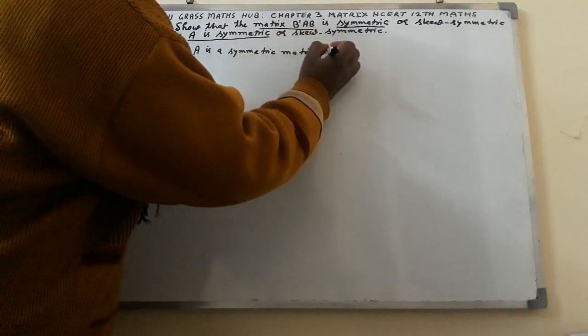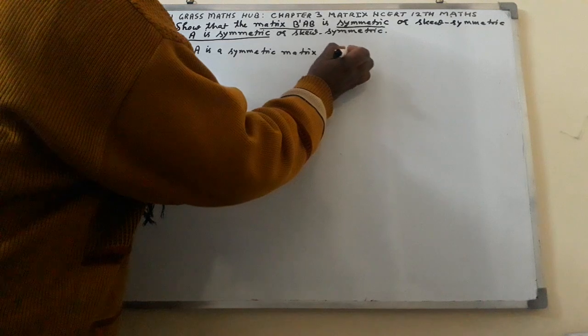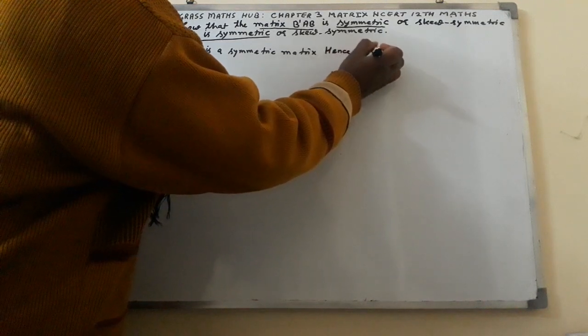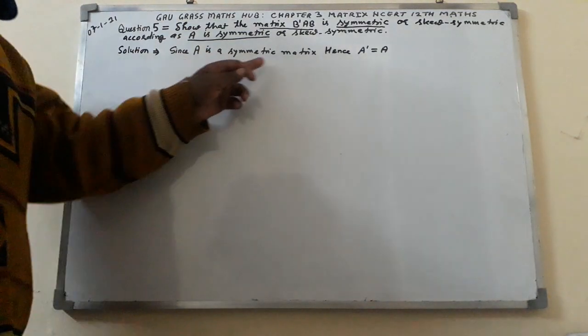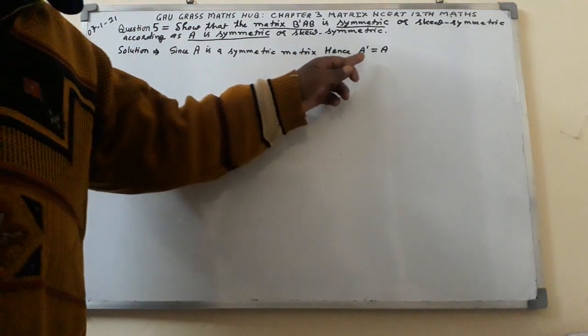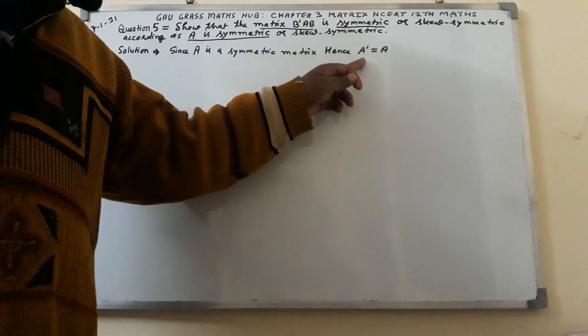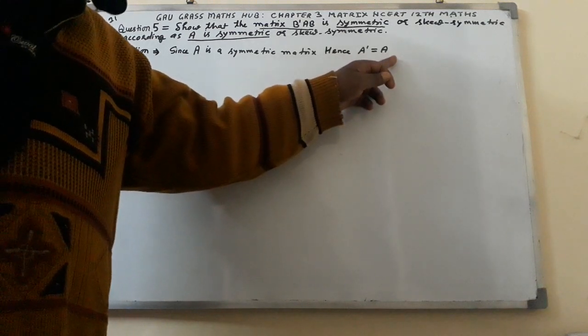Since A is a symmetric matrix, hence A dash is equal to A. Since A is a symmetric matrix, the transpose of the matrix A is equal to the matrix A itself.